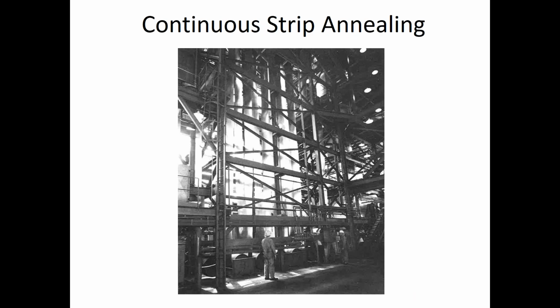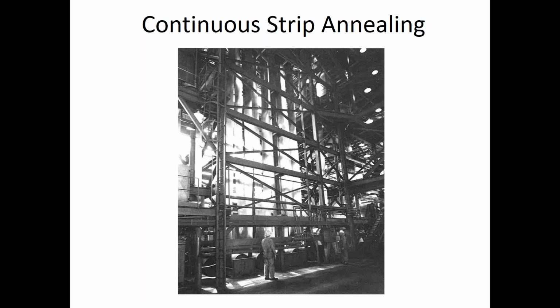The other type of annealing is strip annealing, continuous strip annealing. This is on the fly annealing. Here you see an annealing line, and in many mills you have an annealing tower where the strip has to be fairly thin to do this, but you can anneal it on the fly.